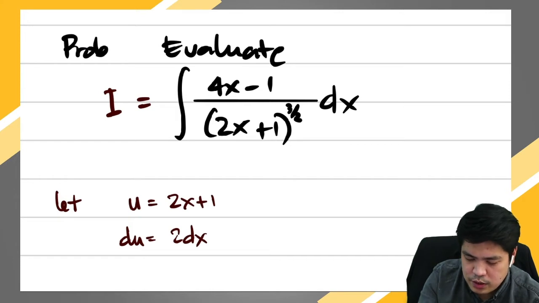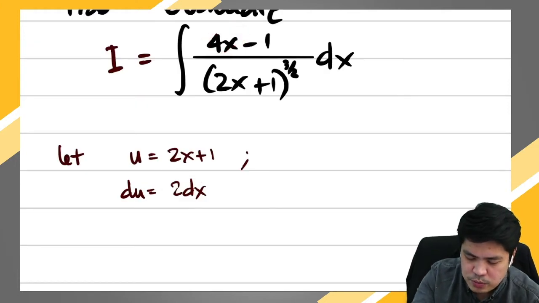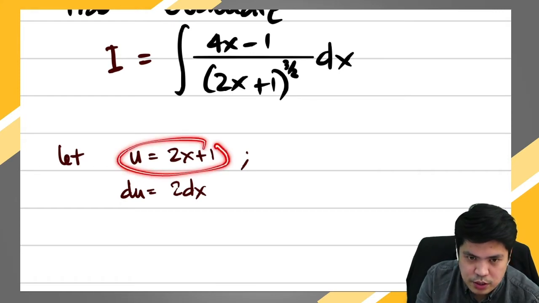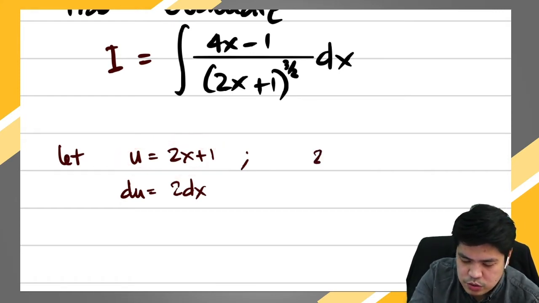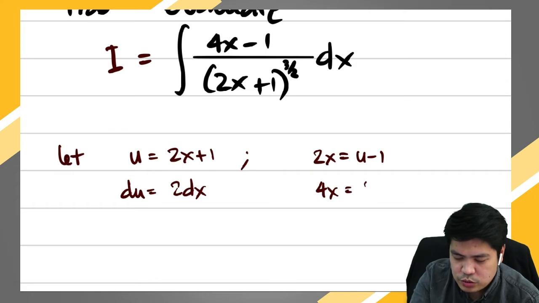And since we have 4x in the numerator, if u is equal to 2x plus 1, it follows that 2x is equal to u minus 1. If 2x is equal to u minus 1, therefore 4x is equal to 2 times u minus 1, or we can also write 2u minus 2.